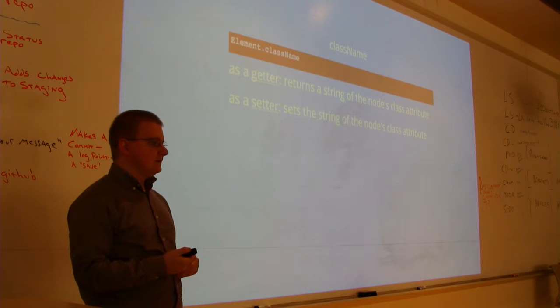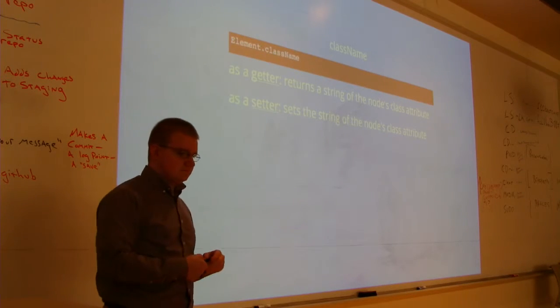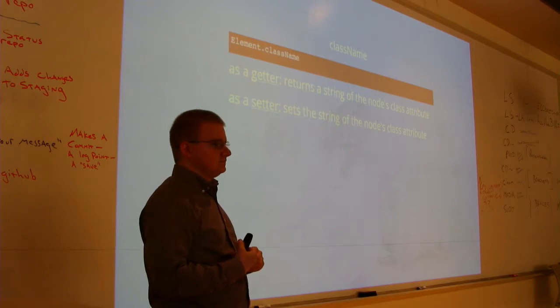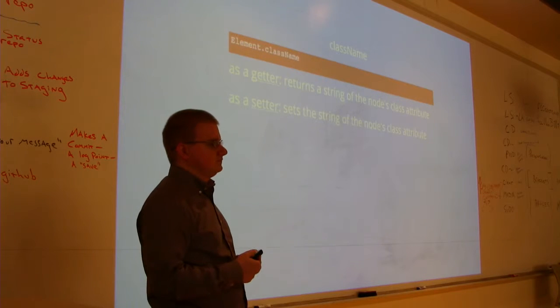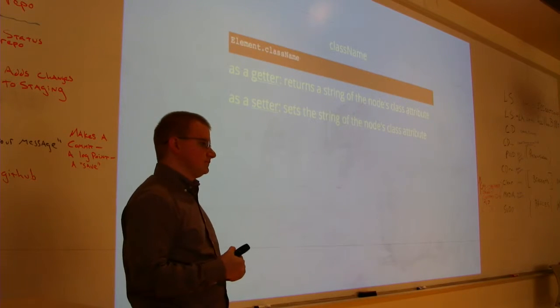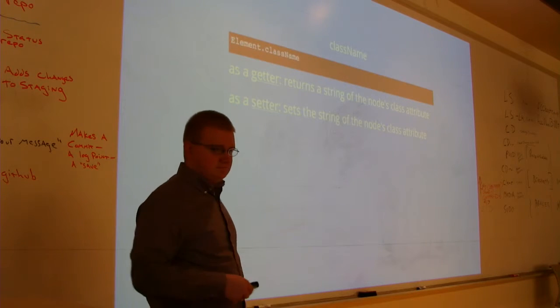Well, you know how within our HTML, we could say, hey, paragraph innerHTML, and then set that equal to whatever we want. So that'd be setting, right? Anytime you use an equal sign. Or you could say, take what's in paragraph innerHTML, and I'll set that equal to this variable, meaning we're getting what's in there.